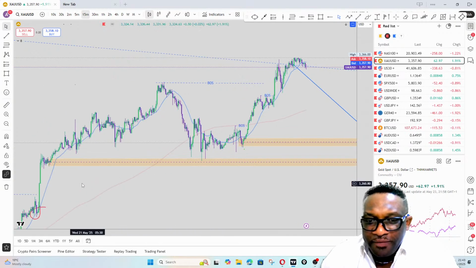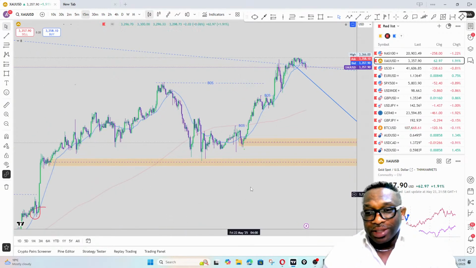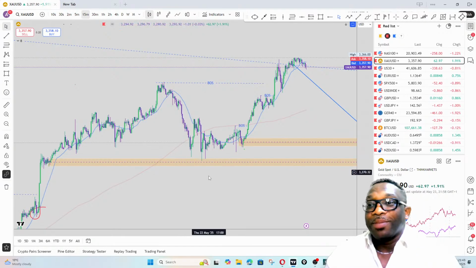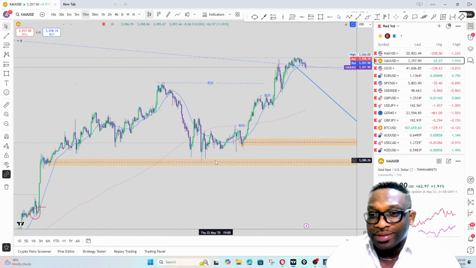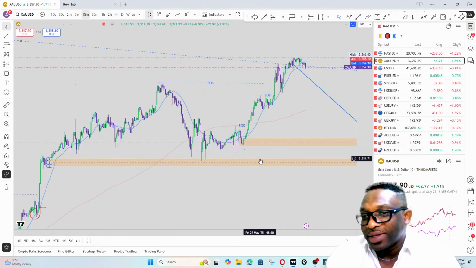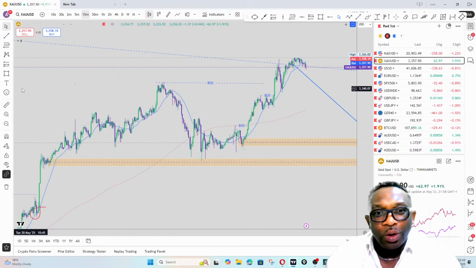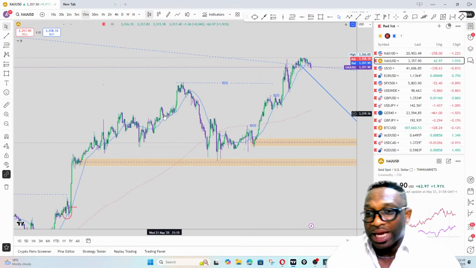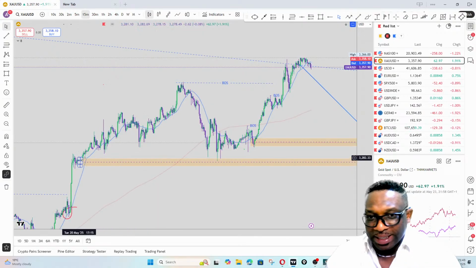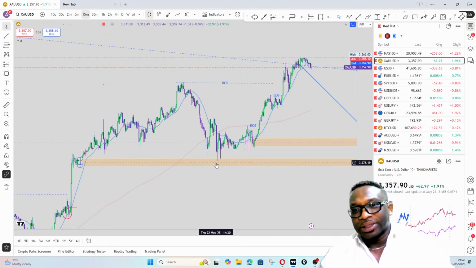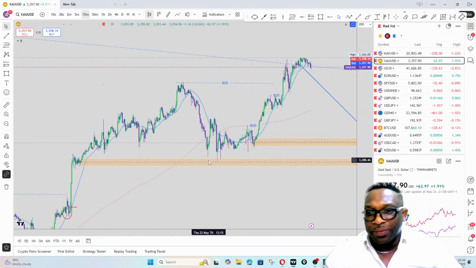So if you're able to identify some of these areas on the charts, all you do is set and then forget. What I mean by that is, once you identify this, you can either put an alert here to alert you when price gets there, and then you go onto your chart, or you put in your buy limits, as we have identified this to be an uptrend, and this is an area we've identified as our point of interest, our demand area.